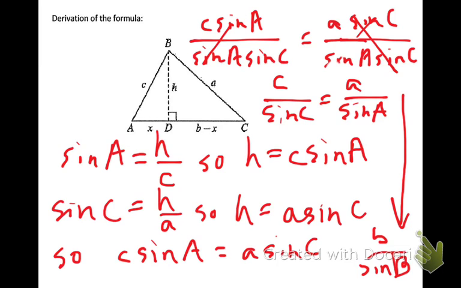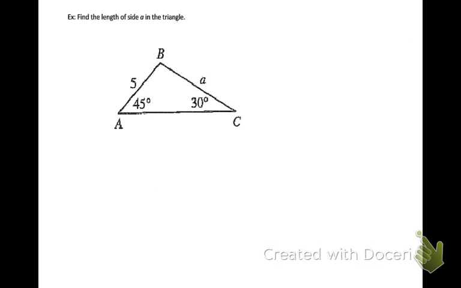You have to decide whether you're going to use law of sines or law of cosines on a non-right triangle. You want to use law of sines if you can, because it's easier to do. What you need to do is look for what I call a figure eight relationship.